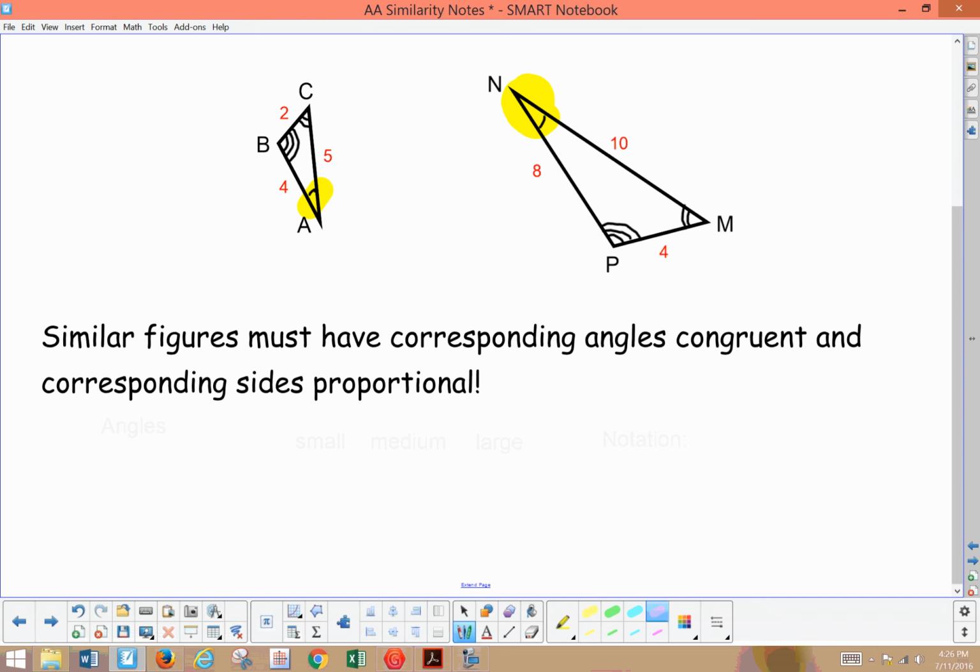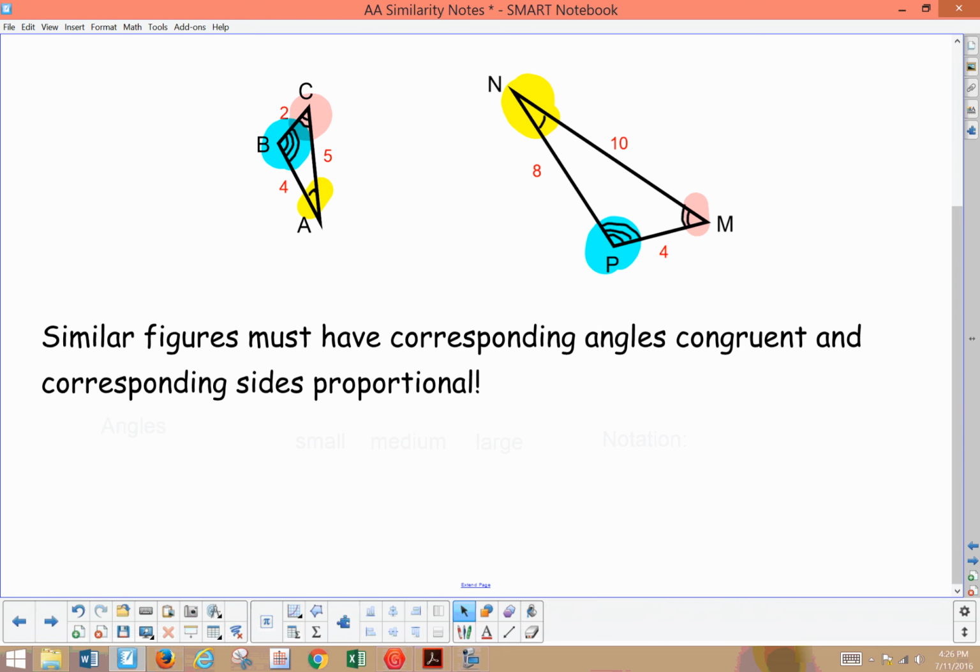If we look on the left figure, angle C has two arc marks. Angle M has two arc marks. That means that those two angles are also congruent to each other. In the figure on the left, angle B has 3 arc marks. Angle P has 3 arc marks. That means that those angles are congruent.